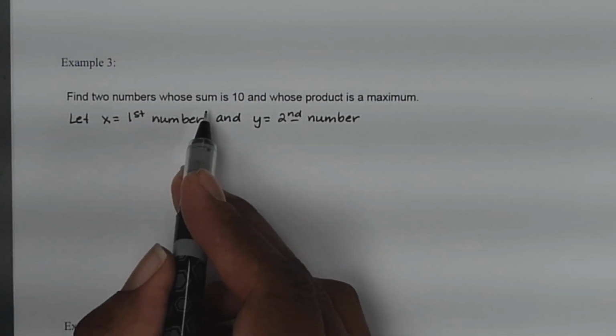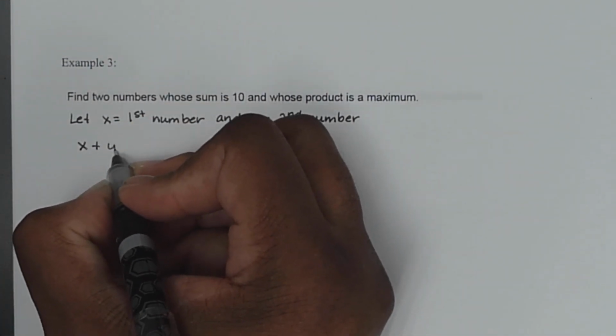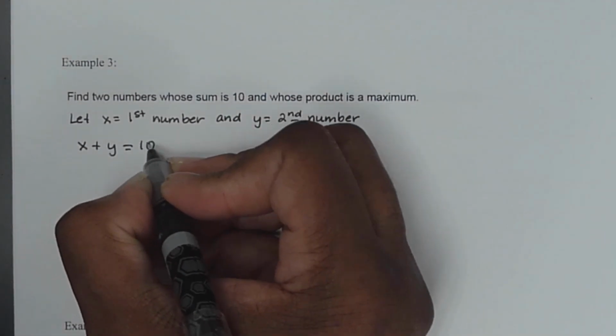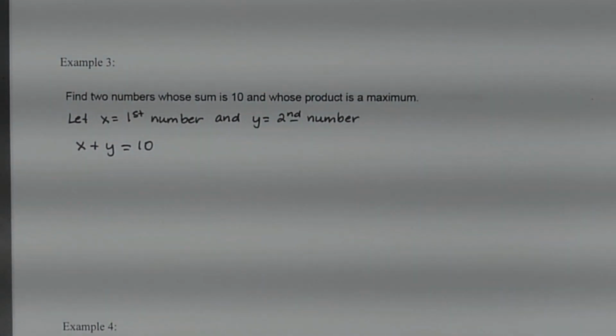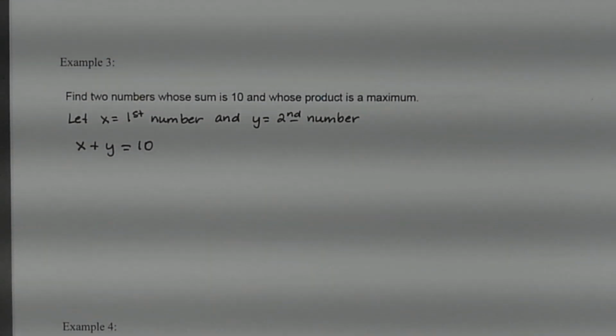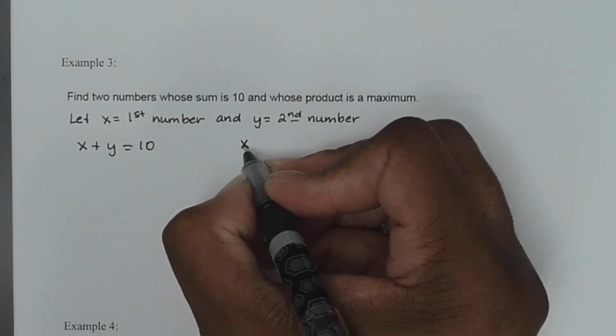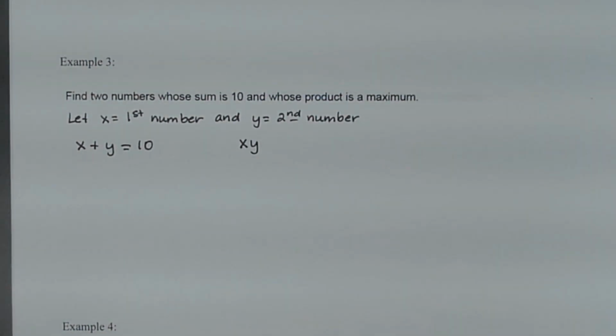So two numbers whose sum is 10, as an equation, that would be x plus y equals 10, because the word is means equal. And the product has to be a maximum. So we're looking for the product of the two numbers, x and y.